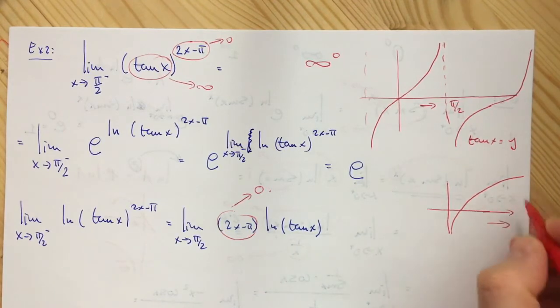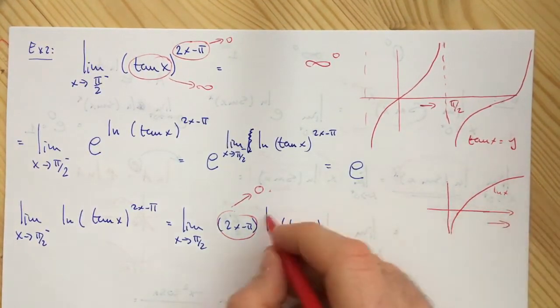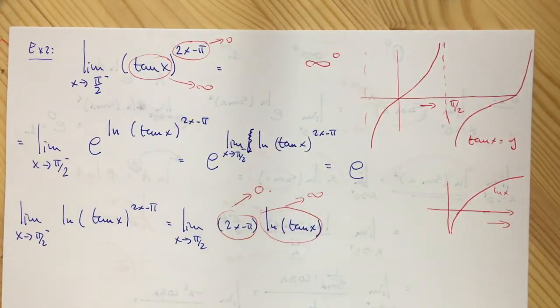So ln of x, when x goes to infinity, ln of x goes to infinity. So this one goes to infinity.